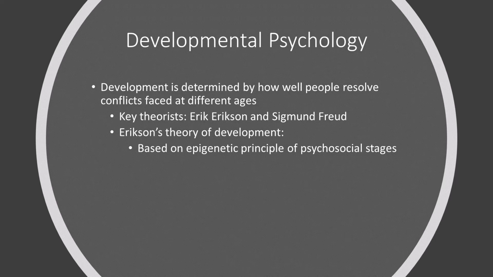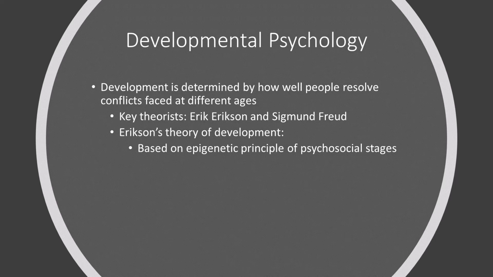He talked about, during birth to 1 year, trust versus mistrust. That was the first stage. Then about 1 to 3 years old, it was autonomy versus shame. Then the next stage was guilt versus initiative, and this is about 3 to 6 years old. And then about 6 years to adolescence, we have industry versus inferiority.